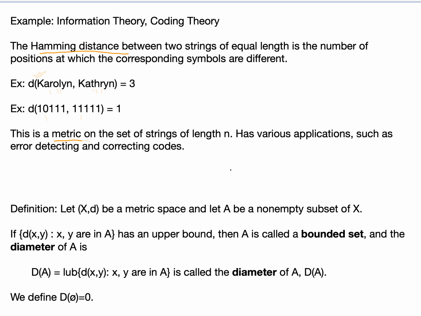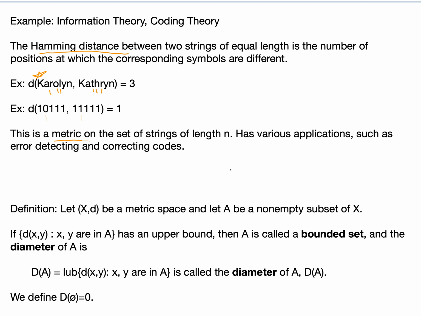They could be any kind of strings, as long as everything we're interested in is of the same length. So for example, the distance between the names Carolyn and Catherine, spelled in that way, would be 3, because they differ in 1, 2, 3 places, and all the other elements of the string are the same.